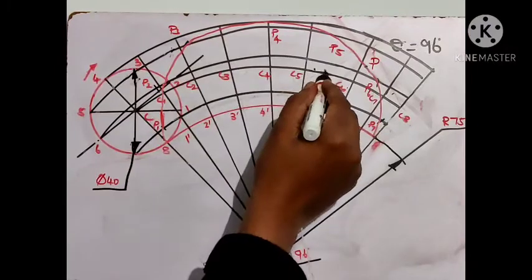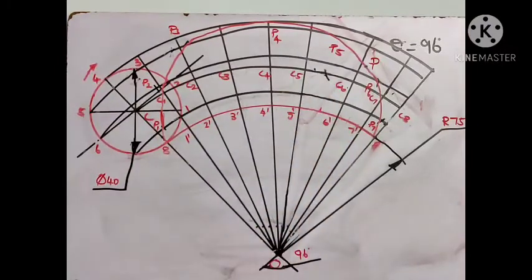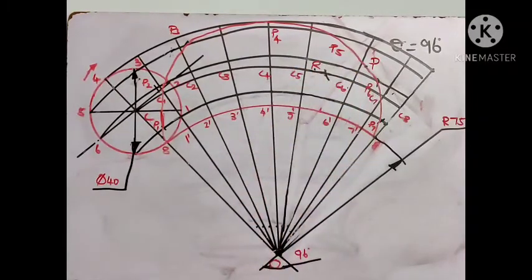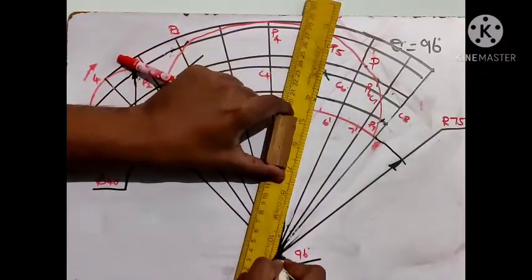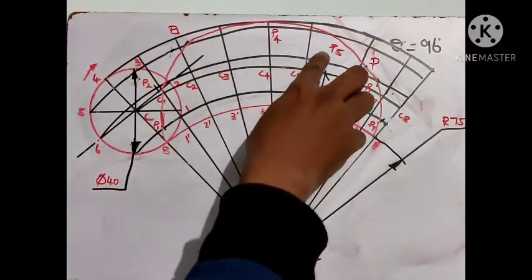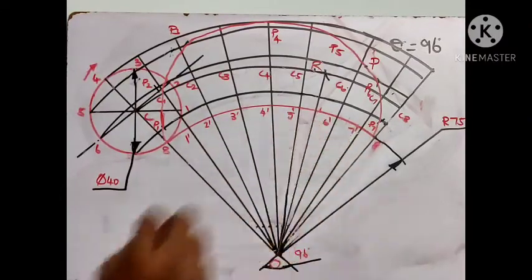After that, from this point, let's take this as say R. From R, you need to connect to O. So something like this. Okay. So after that, this line will intersect somewhere on your generating circle.